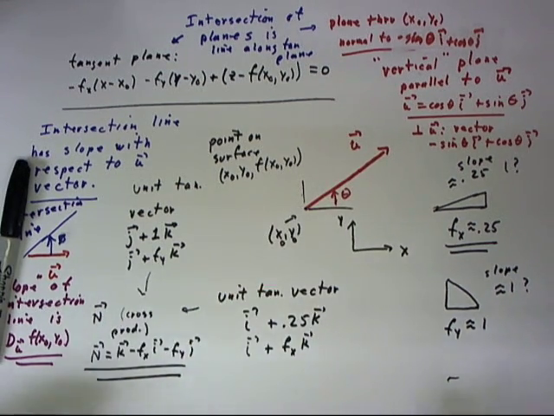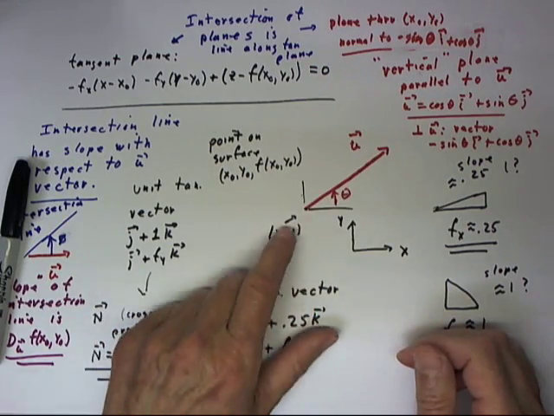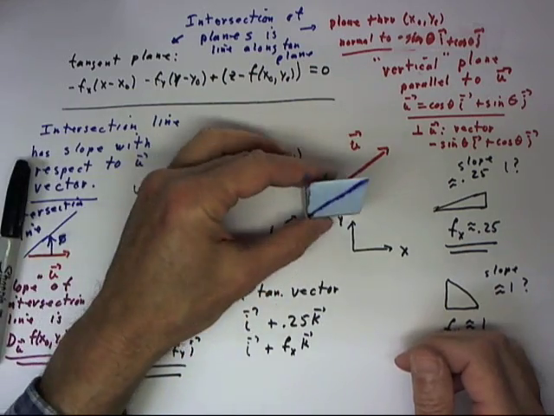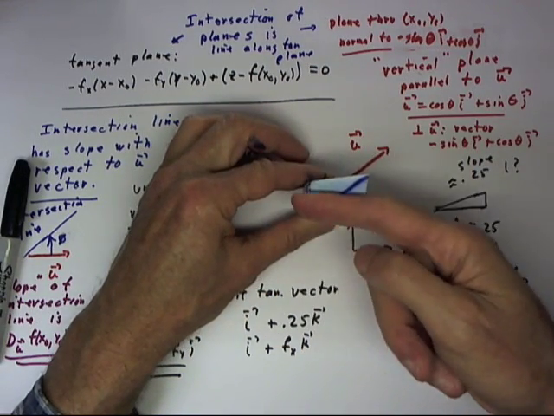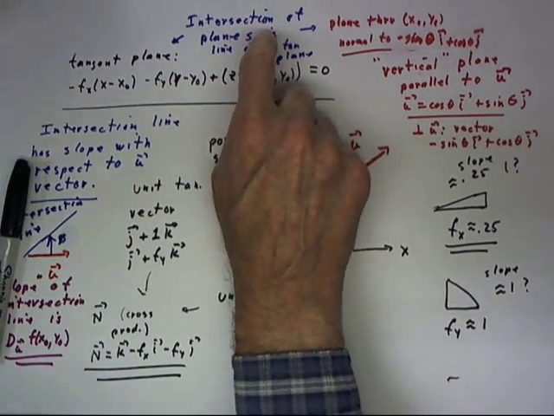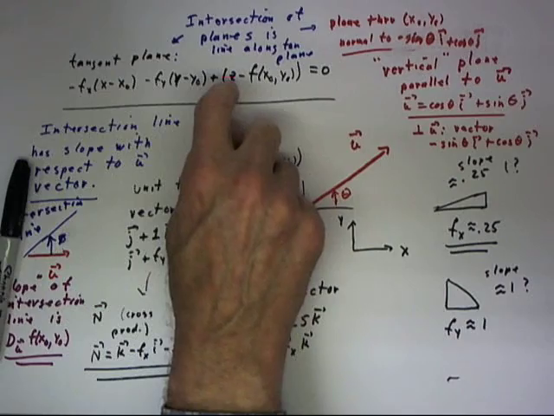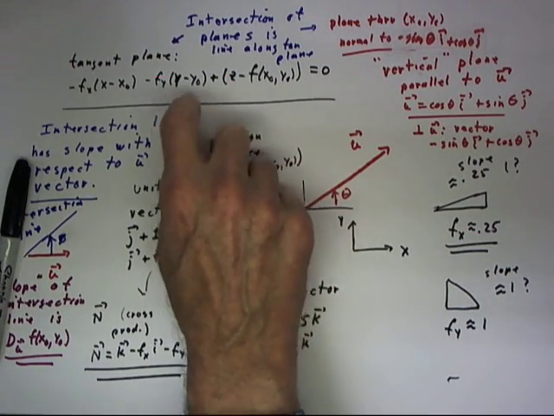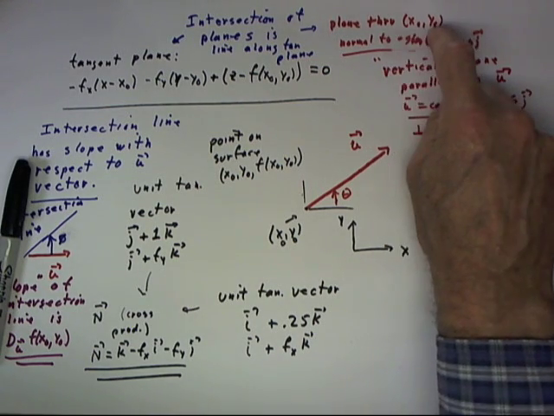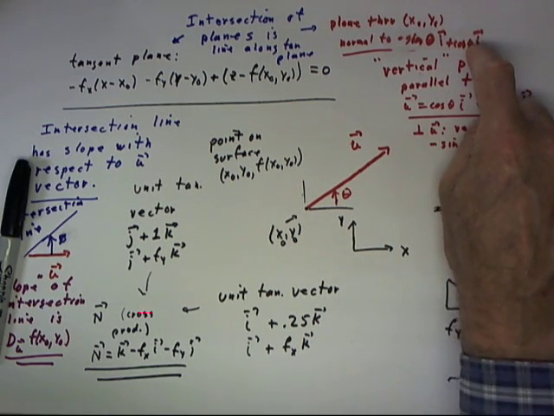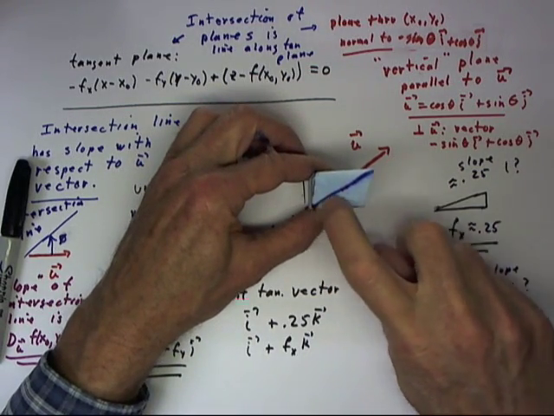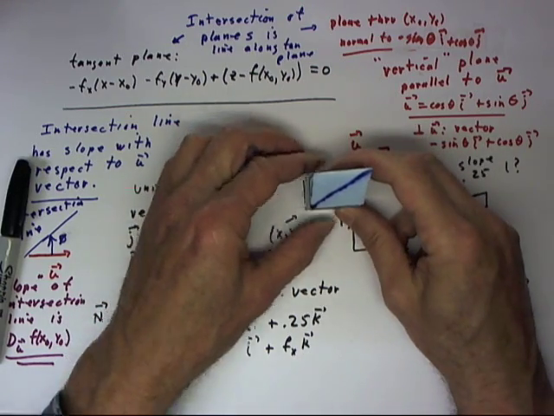So to review where we are, we've noted that we can find the equation of this plane, and we have an expression for the equation of the plane along this surface. If we intersect these two planes, intersect the tangent plane, which runs along the upper surface of the foam chunk, with this plane through x naught, y naught, normal to negative sine theta I plus cosine theta j, we get this blue line here along the surface.